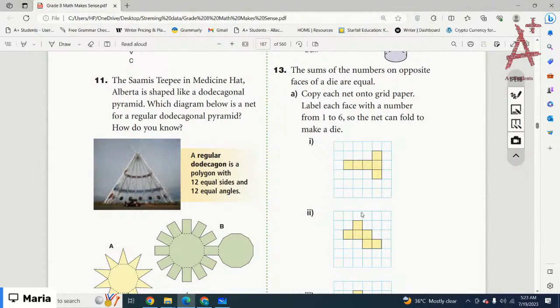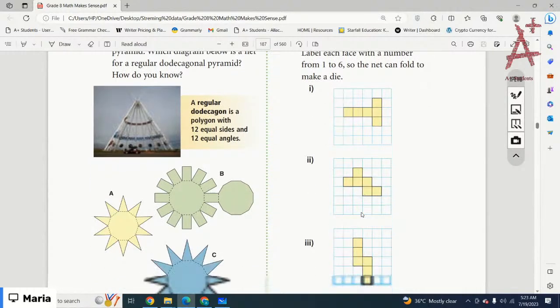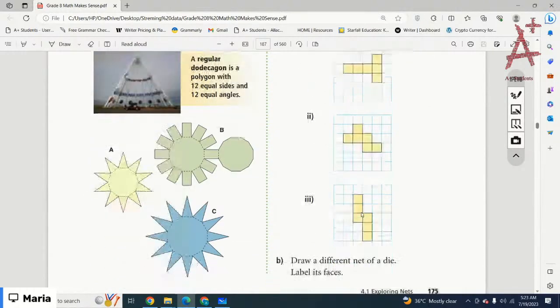Okay, let's see which is the one. A regular dodecagon is a polygon with 12 equal sides and 12 equal angles. Okay, 12: 1, 2, 3, 4, 5, 6, 7, 8, 9, 12. B is not the one.